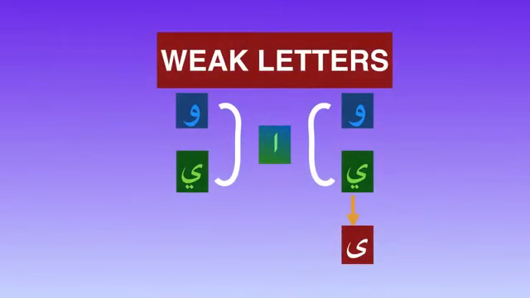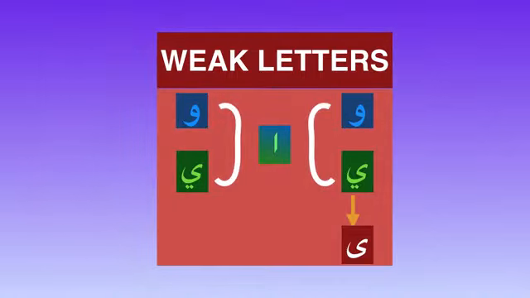Another important factor about these weak letters is the way they carry the vowel signs. One of the reasons they are weak is that they do not normally carry vowel signs on them. Under certain circumstances they do, but normally alif, waw, ya, and alif maksura don't carry the vowel sign.